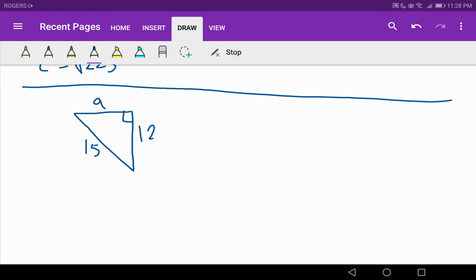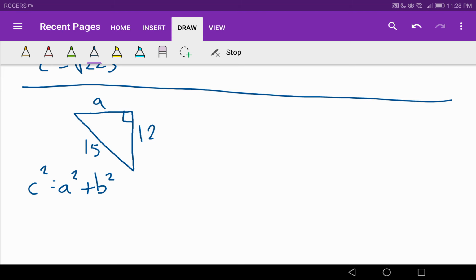So you are going to see questions like this, where you have to solve for A or B. When that's the case, I want you to write out the formula again. Watch how this is now different.